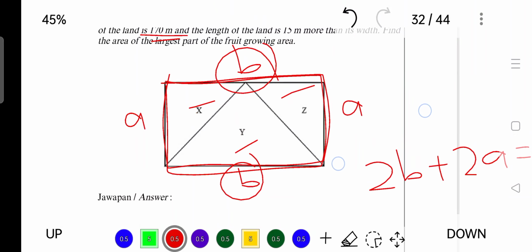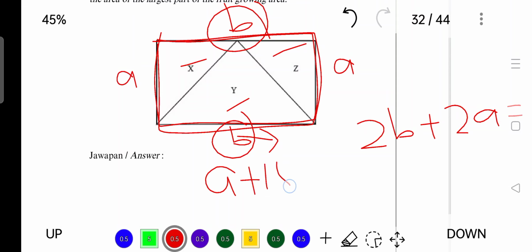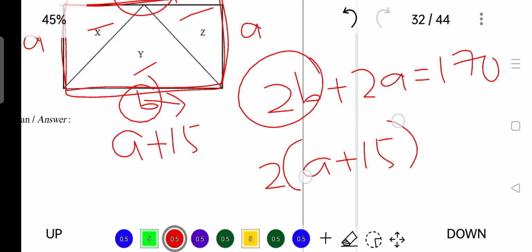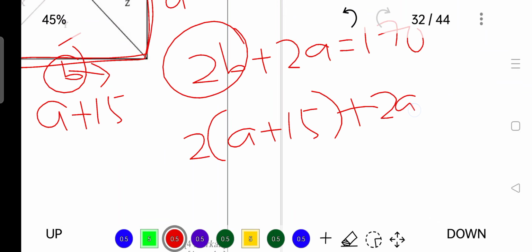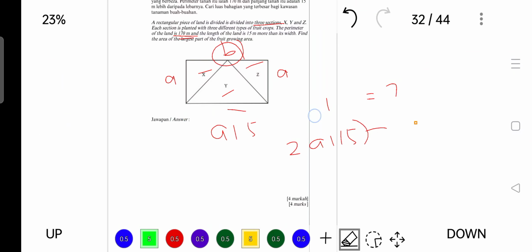That means if this is A, this B is A plus 15. So what I'm going to do is 2A plus 15. This is a more difficult way. I shouldn't have done this. Should I erase this and show you another way? Okay, let's do that. I'm afraid you'll be a little confused.